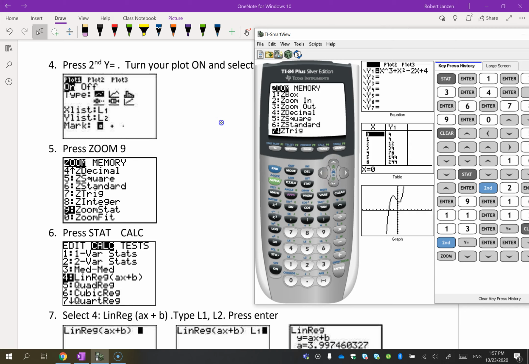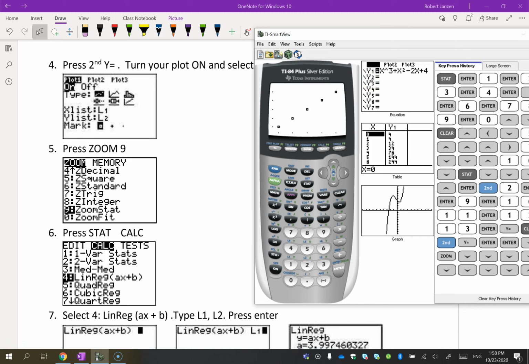But now we're going to go to zoom 9, which zooms in to fit the scatter plot you've just entered. Okay, so there we have it. That's what the graph would look like. And in this case, you can see it's pretty obvious. It's a straight line.